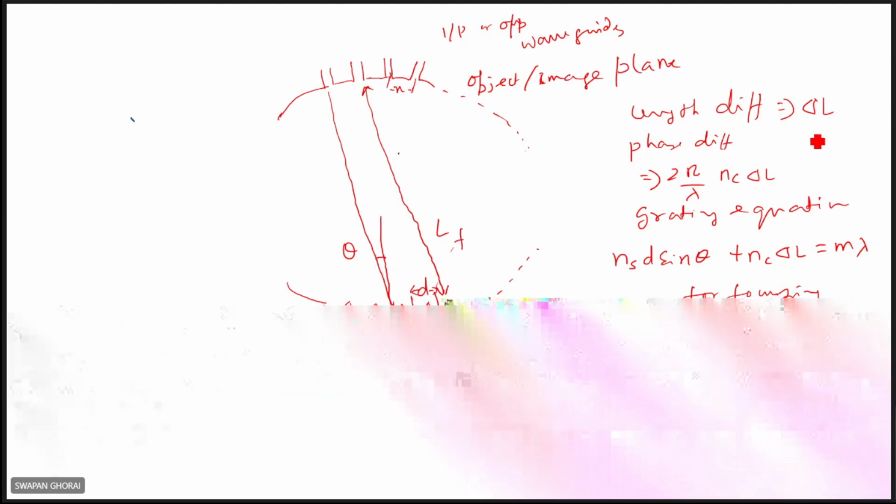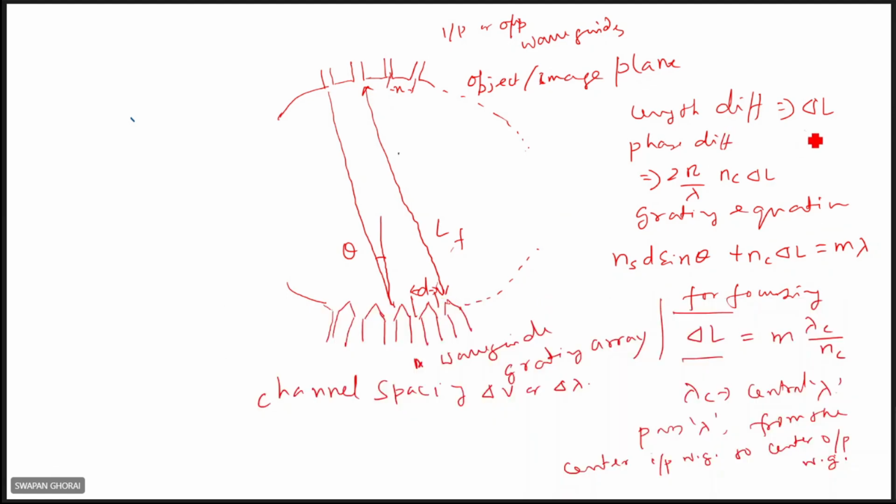Here is the length difference delta L, from one arm to another, just Mach-Zehnder types. The phase difference is 2 pi by lambda times the path difference, that is Nc times delta L, where Nc is the refractive index of the waveguides.